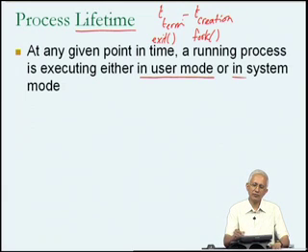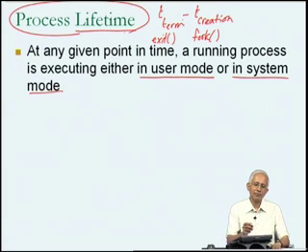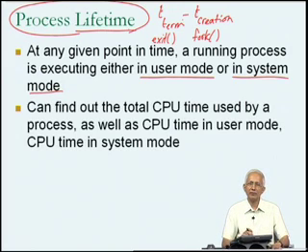It will be executing in system mode, for example, if it is executing a system call as requested by your program. Therefore, if I talk about the lifetime of a process as this time interval, some components of that time interval are going to be spent executing in user mode, and some components are going to be spent executing in system mode.